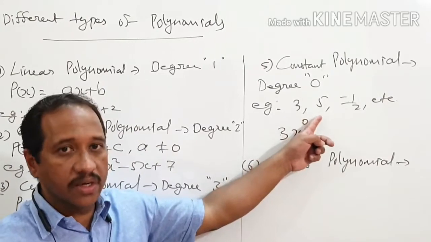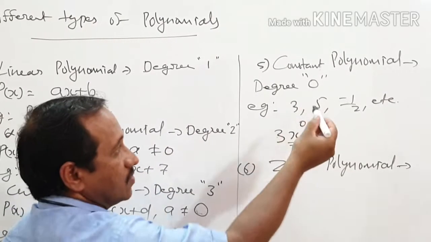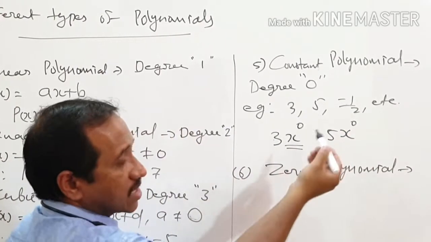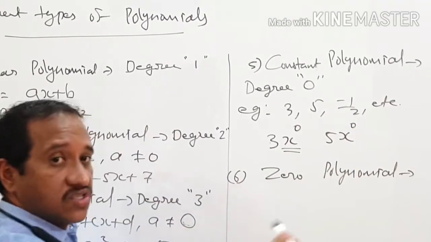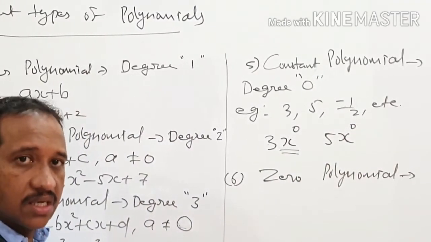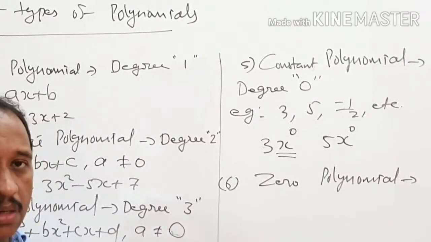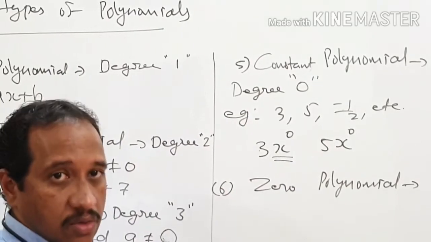Because x raised to 0 is 1, 3 into 1 you get a 3 back. Similarly, 5 can be written as 5x raised to 0. You can use other variable also, no problem. And similarly, any constant term, whether it is rational or irrational, can be considered as a constant polynomial because we can give a variable with the power 0.